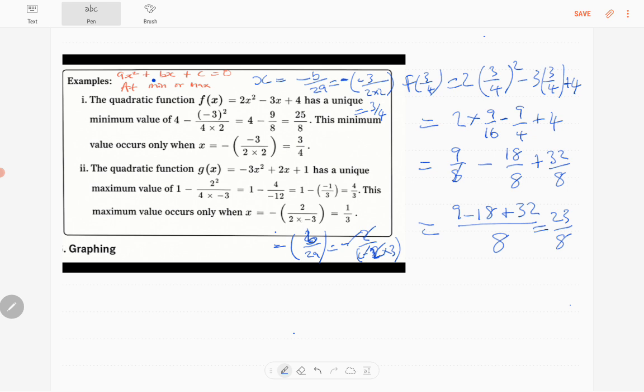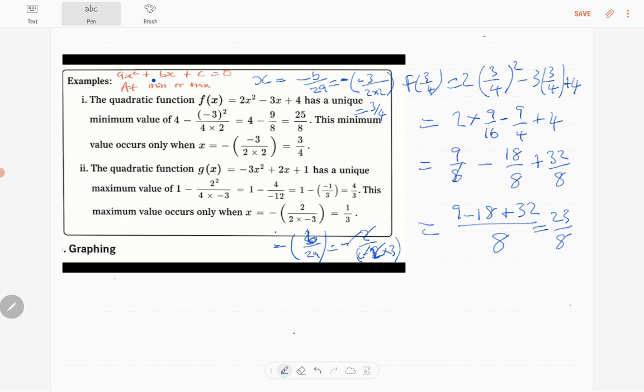But if you check the second function, you will see that the 4 over 3 is correct. If you want to solve it on your own, instead of this second step here, which could be a jump of some steps, if you solve the second one at the maximum value, s is 1 over 3.